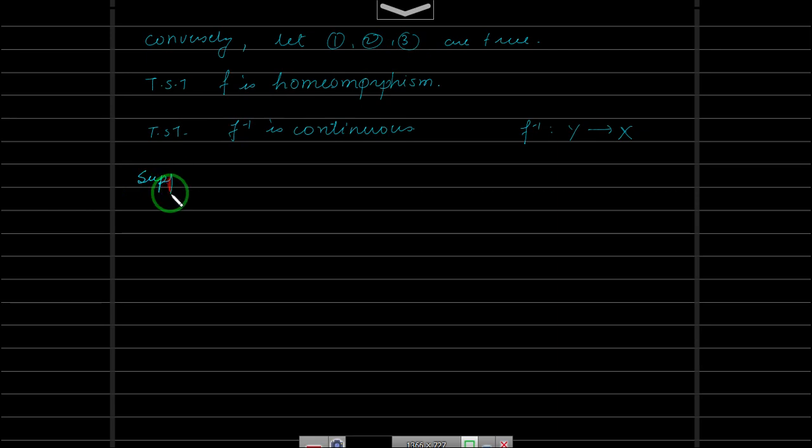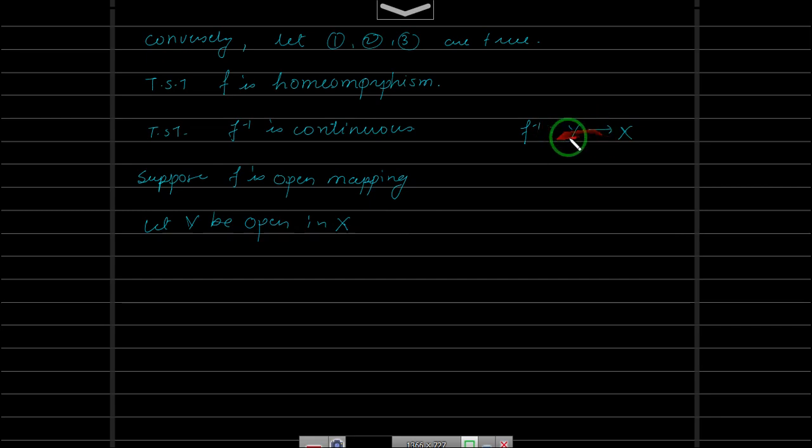Suppose f is an open mapping. If you assume that it is a closed mapping, then you have to take a closed set in X. So let V be open, take an open set in X here in the codomain.